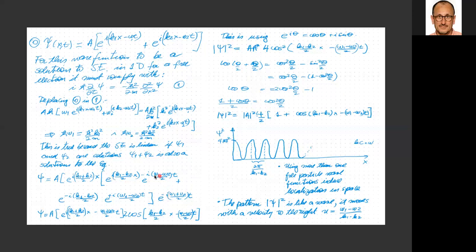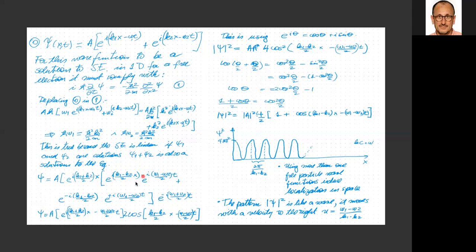How about omegas? Well, with the omegas, something of the same sort happens, because what I did is I pulled out here minus i times omega 1 plus omega 2 over 2 times t. And I factor that thing out, and I get this term in the middle. Why do I do this? Because here I have something that is the complex conjugate of this one.